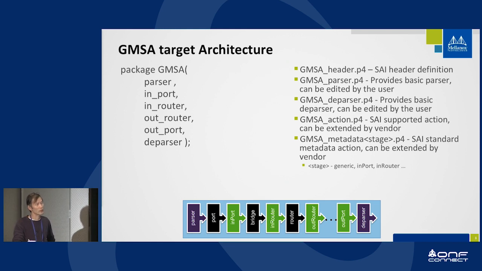Although vendors can extend by adding their own actions. Okay. In a similar way, metadata used in P4 would be standard metadata that's common to all the platforms, so there'd be a standard metadata object there. Okay. And by stage, it means you'll have different metadata at different stages in the pipeline.